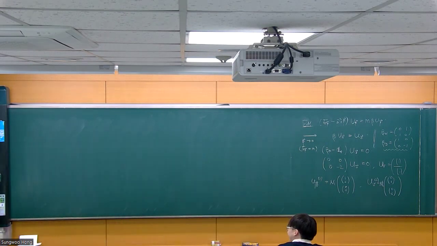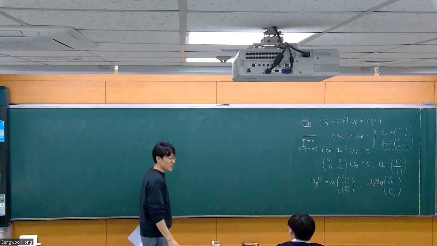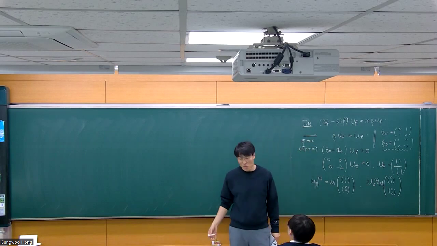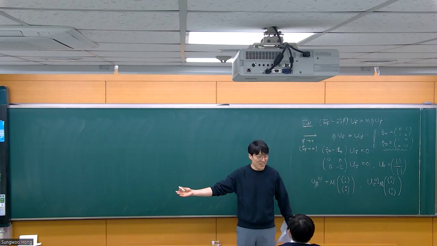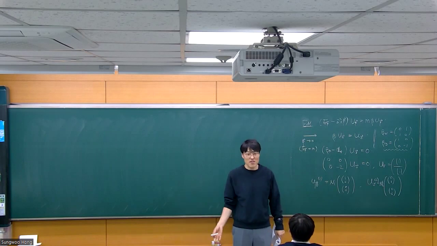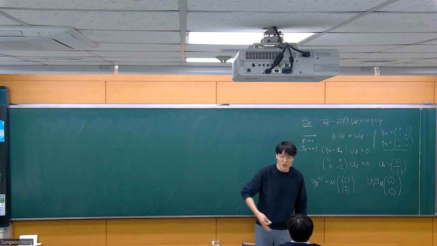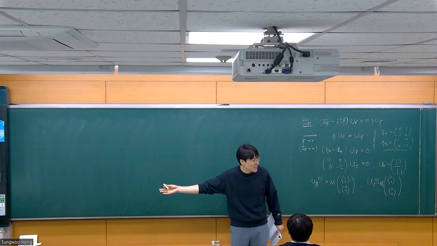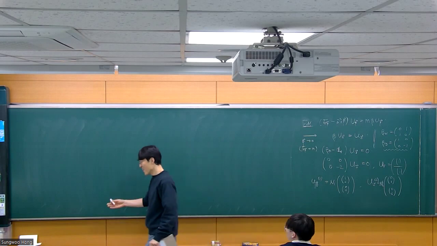Well, boost, right? We talked about a Lorentz invariant field here. So if you know something at 0 momentum, you know what's happening at finite momentum by boosting. We're gonna boost it. Okay, so let's boost.